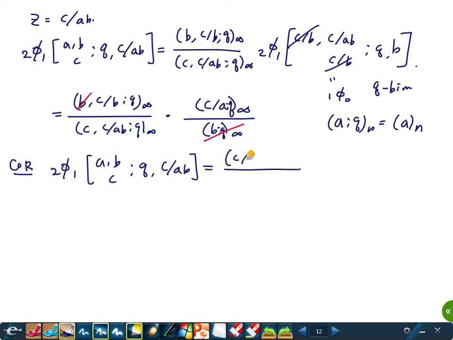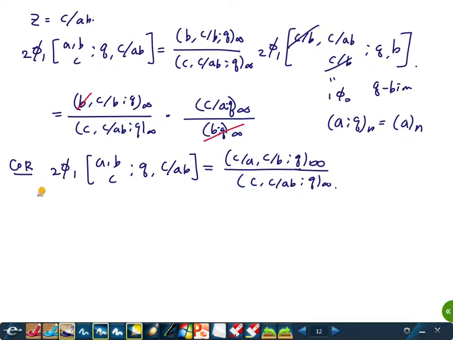Here, (C/A, C/B; q)∞ over (C, C/AB; q)∞. So if z is equal to this, then we can write that as a product.